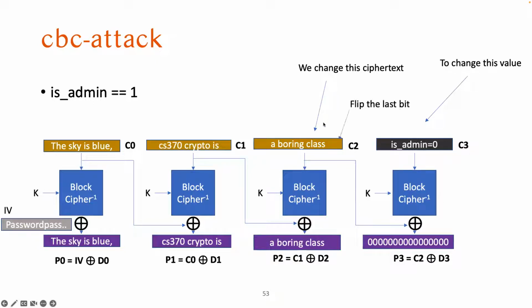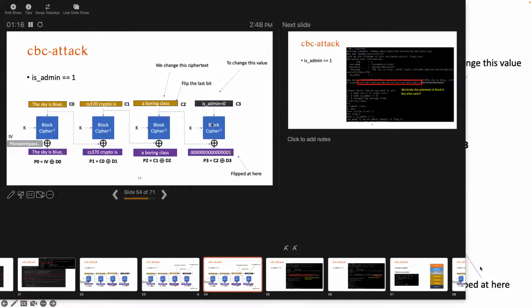So we will flip the last bit of this one, then it will flip here. That's how the attacks for CBC work. So what we will do is make the isAdmin 1 like this. We will flip the last byte, and then let's try to do that.